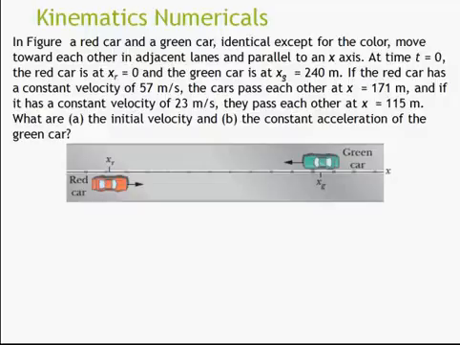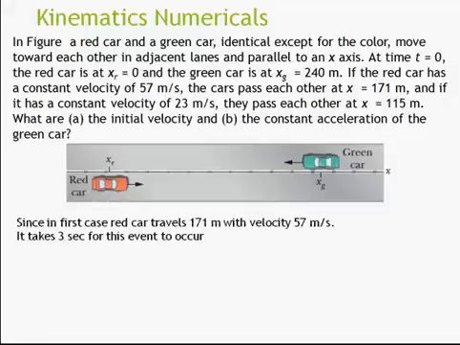The cars are shown as they are there. Again, the first part, the red car travels at 57 meter per second and the distance travelled is 171 meter. So obviously 171 divided by 57 gives us 3 seconds for this event to occur.